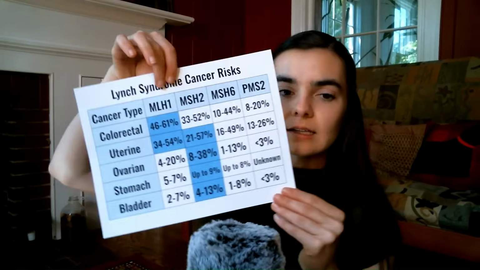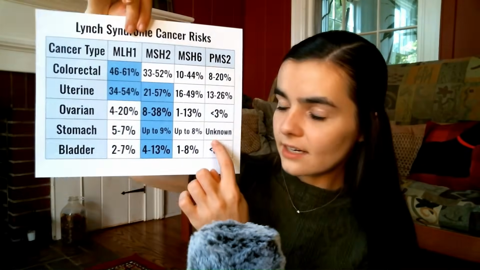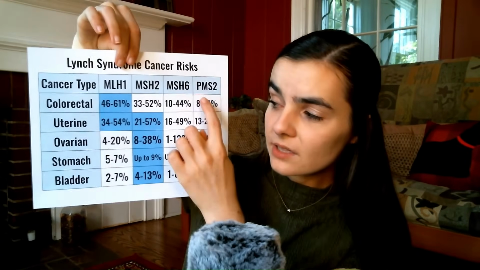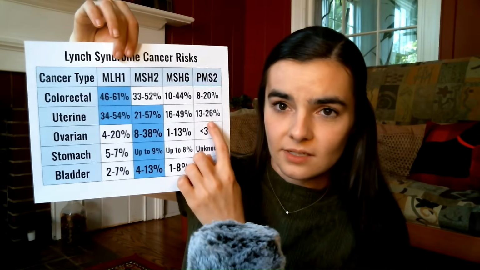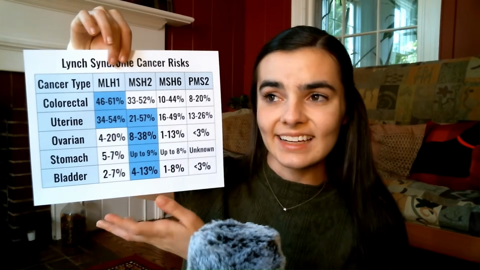especially with PMS2. Looking at PMS2, this is technically Lynch syndrome, but these risks are pretty low. Definitely a risk of uterine cancer, but it's not uncommon to see families where we identify a PMS2 mutation and they have no Lynch syndrome cancers in the family.